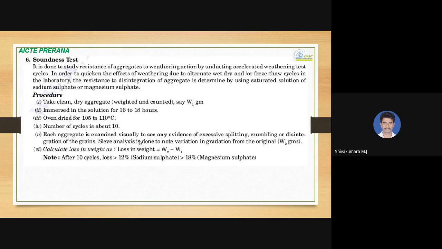Take the weight, that is W2, and finally calculate the loss in weight as W1 minus W2, with W1 being the initial weight taken. After 10 cycles, if the loss is greater than 12% for sodium sulfate or 18% for magnesium sulfate, it is not acceptable.